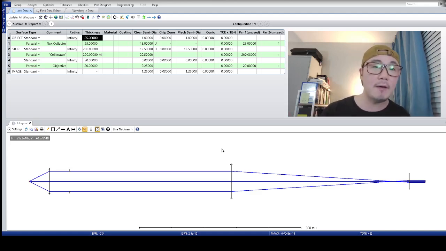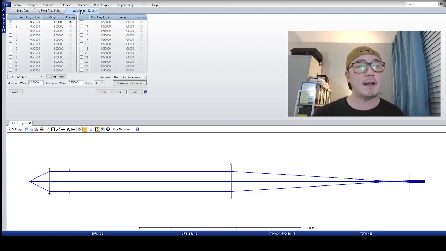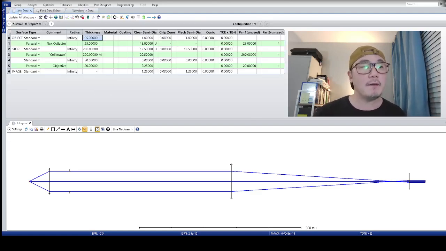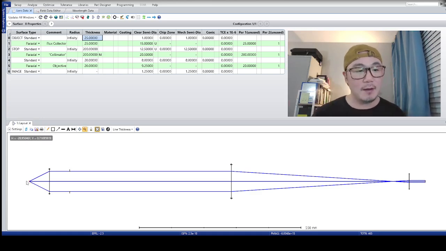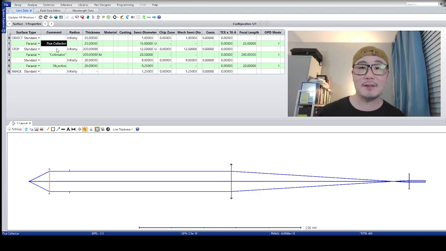But anyway, just so you know, I've got it at 550 nanometers, and I've got an axial point source whose rays are being collimated by the first lens, which I have called a flux collector. Later on, you'll see why I call it a flux collector.